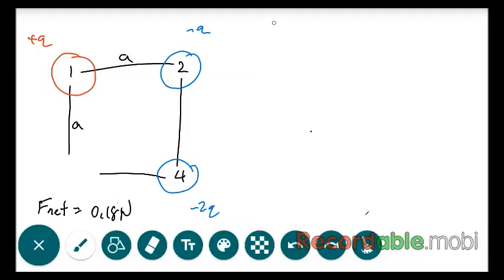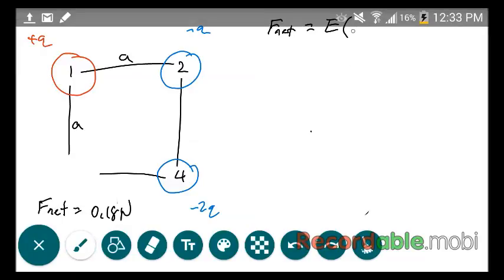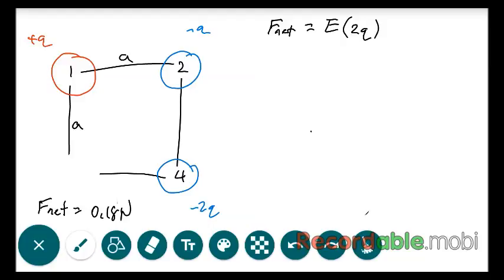And we also know the formula F net is equal to E times Q, where Q is the charge, and in this case the charge is 2Q, which is the charge of the particle we removed. Okay, so to find E, we're going to have F net over 2Q.